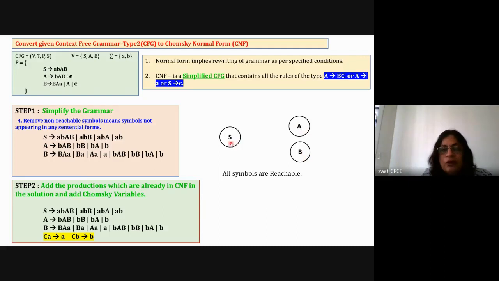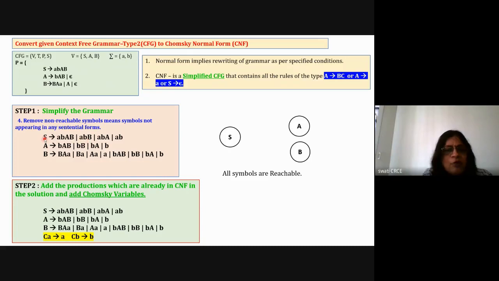Now I have to find out: S is already reachable because S is the starting symbol. So I just want to check whether from S I can reach A or B. So look at the rule AB only.